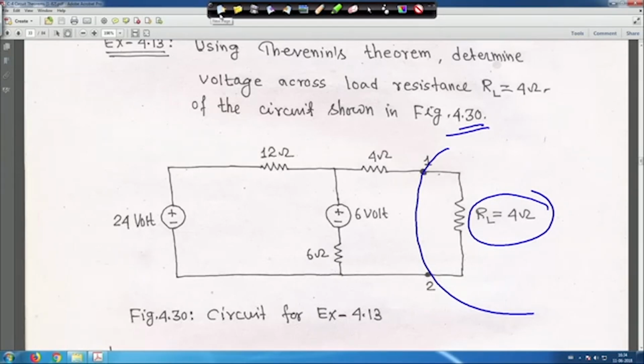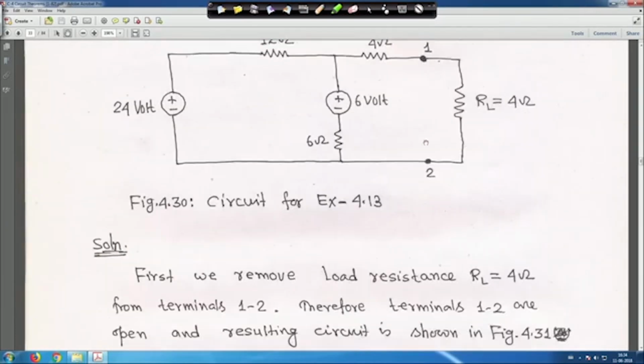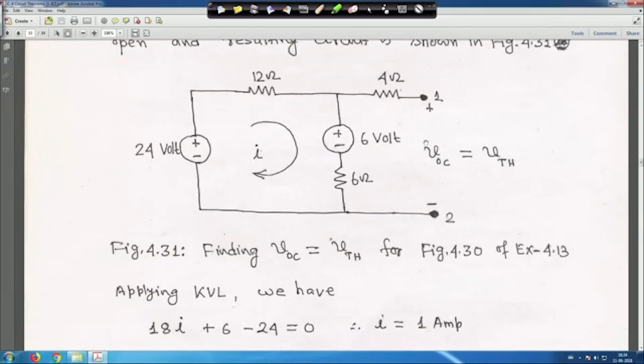So, first let me clear it. Now you have to find out V Thevenin, with R L equal to 4 ohm opened here, and basically this is equal to V 1 2. When we write 1 2, terminal 1 means plus and 2 means minus.